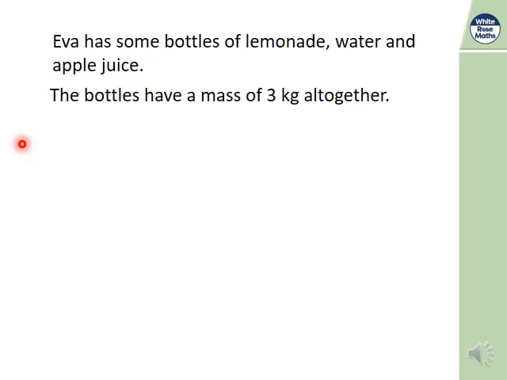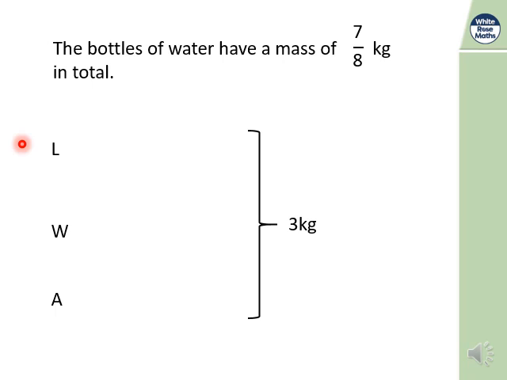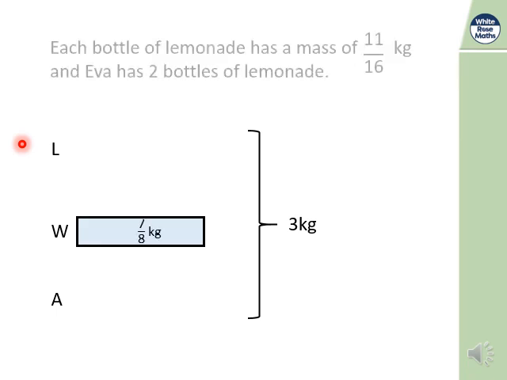So let's break the question down again. Eva has some bottles of lemonade, water and apple juice. So we know we have 3 different flavours there. The bottles have a mass of 3 kilograms altogether. So altogether, when you add their weights up, it totals 3 kilograms. The bottles of water have a mass of 7/8 of a kilogram in total.